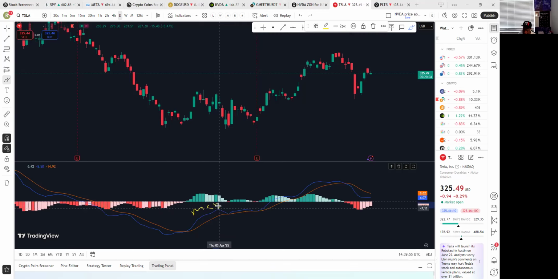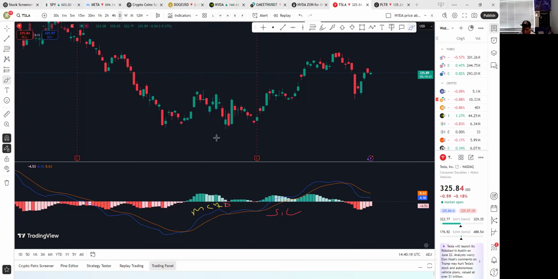Now, how it works. Whenever the MACD line is above the signal line, the stock is bullish.